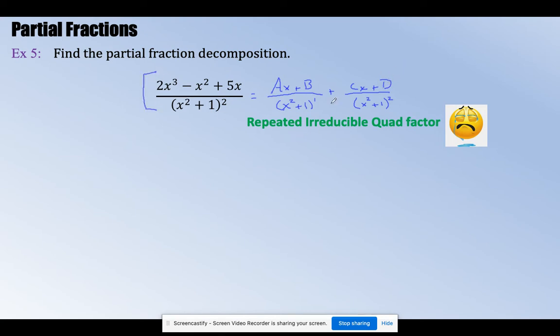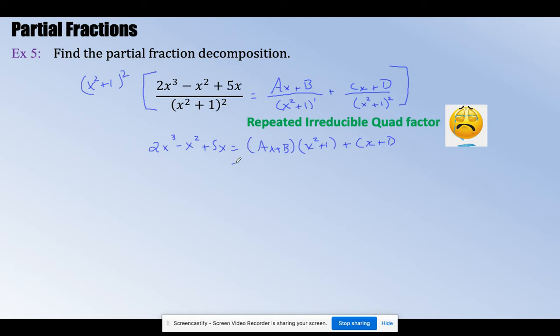All right, start the same way. Multiply through by the common denominator. One of the x squared plus 1 factors, your common denominator is x squared plus 1 squared. One of them will cancel out with this one, and both of them will cancel out with the cx plus d.